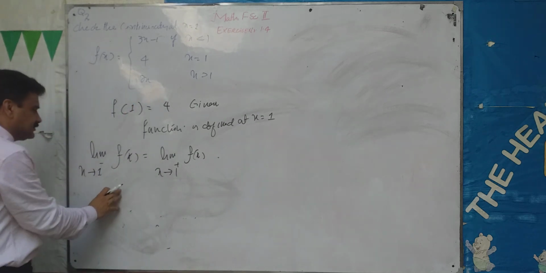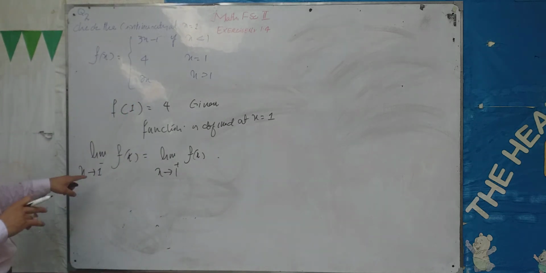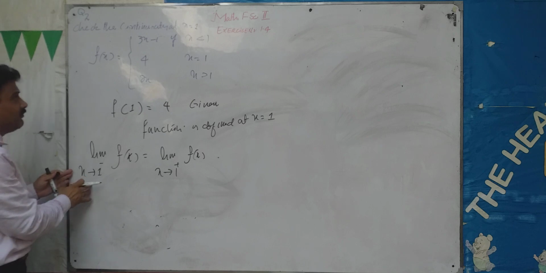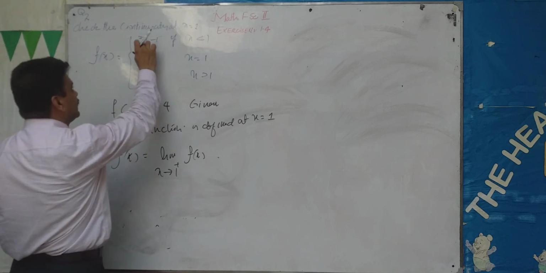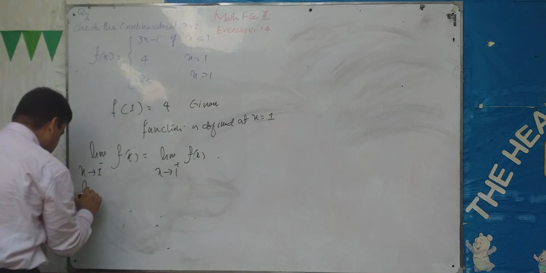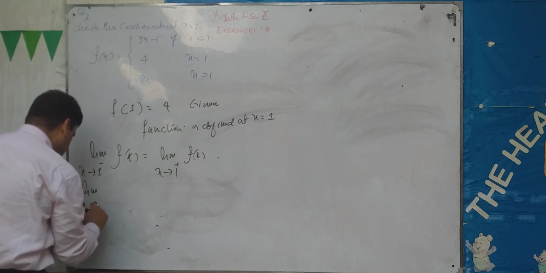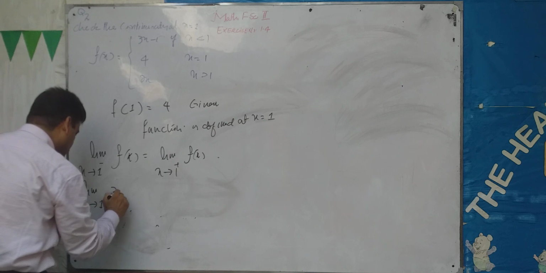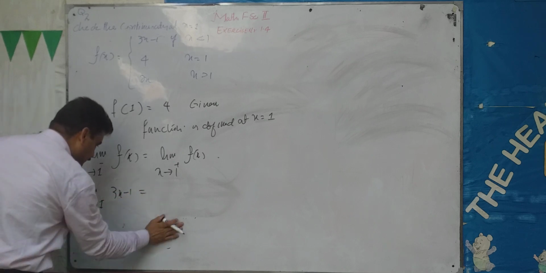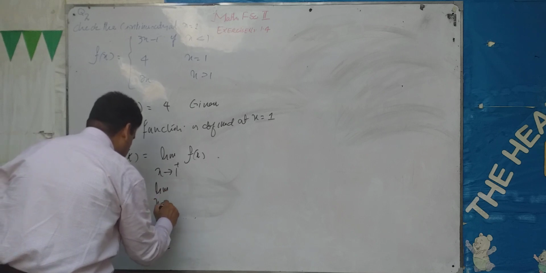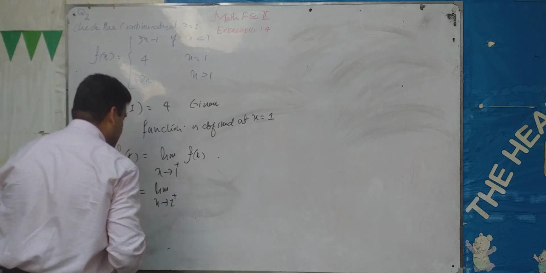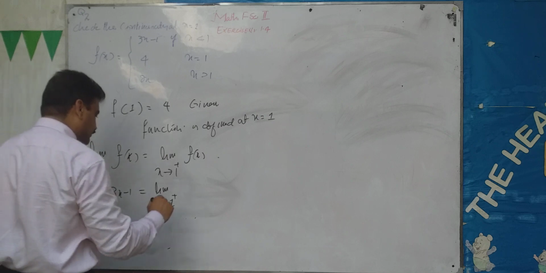For the left hand limit, x approaches 1 from a lower value of 1, and the function will be 3x minus 1. For the right hand limit we choose the function 2x.